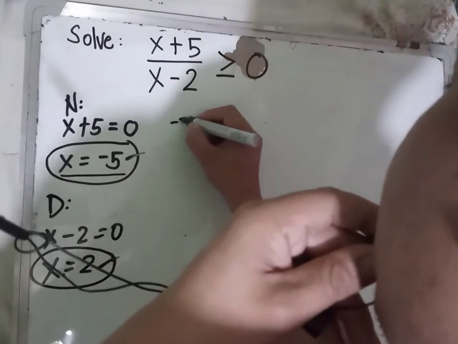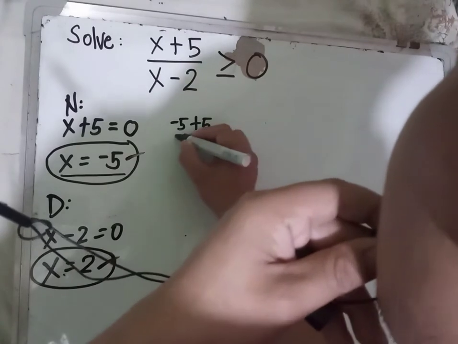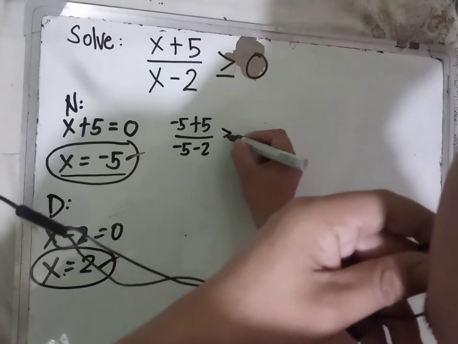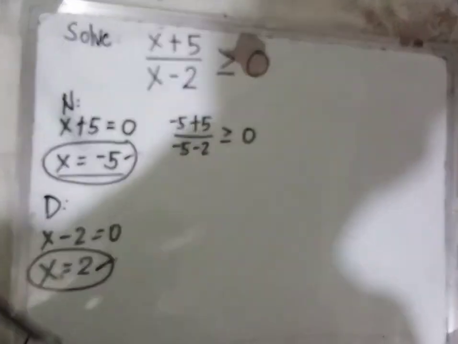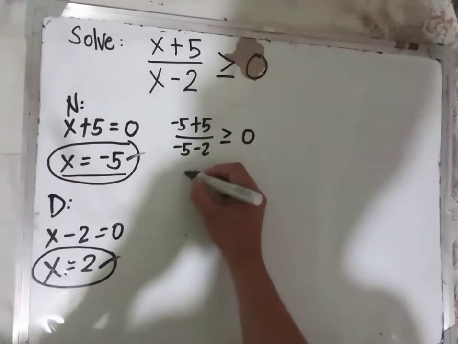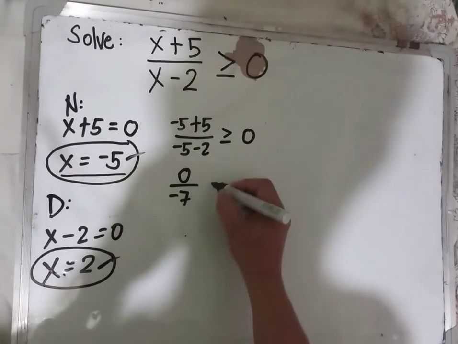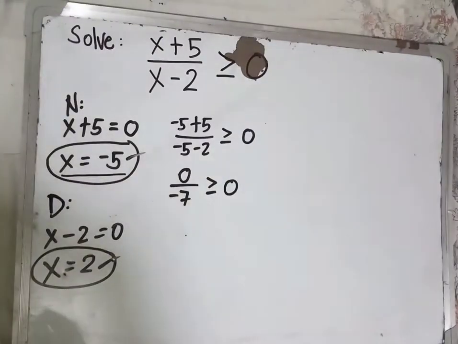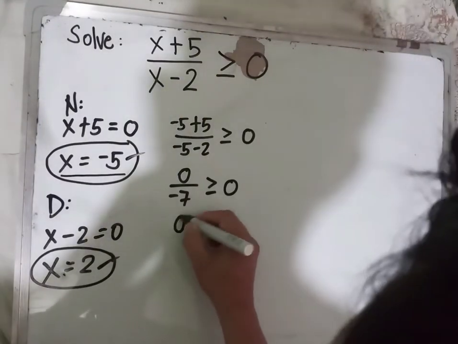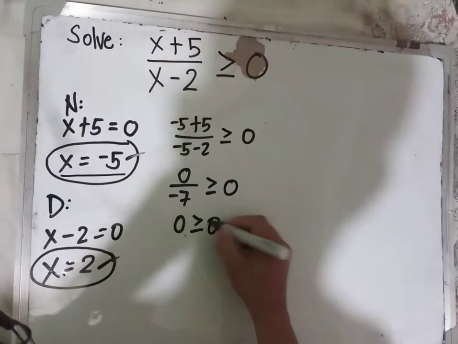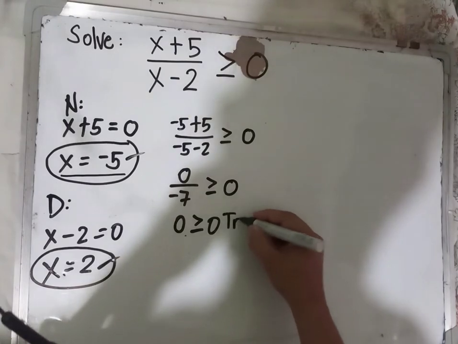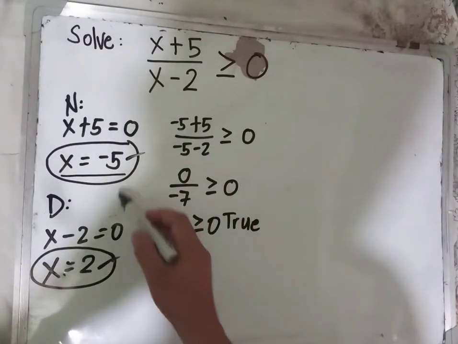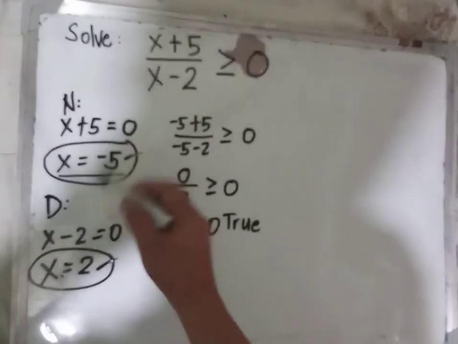So negative 5 plus 5 over negative 5 minus 2 greater than or equal to 0. So this one automatically 0 over negative 7 greater than or equal to 0. So 0 divided by negative 7, that is 0, greater than or equal to 0. So it makes the inequality true. So tandaan, negative 5 is part of the solution.